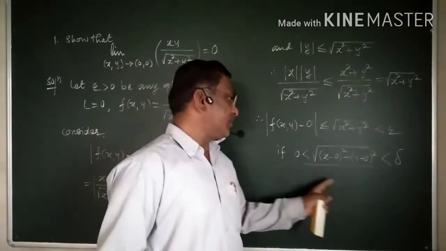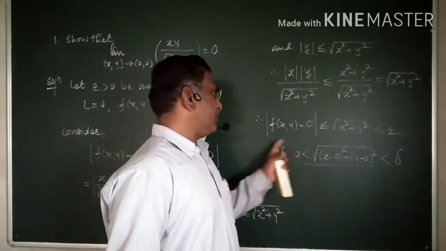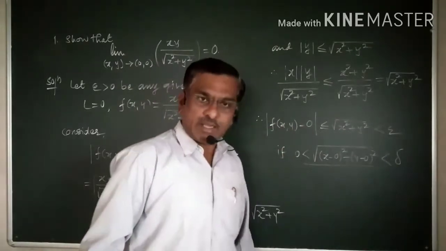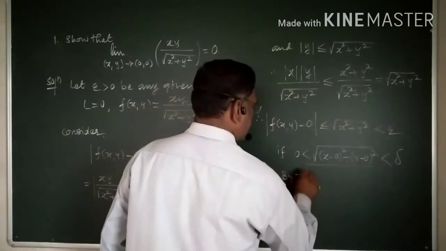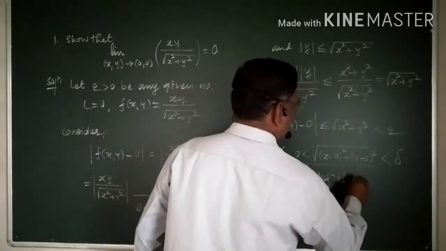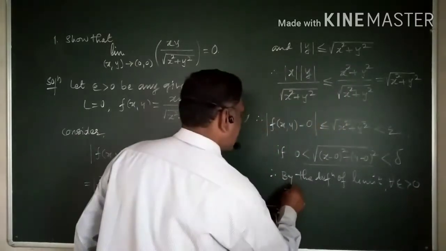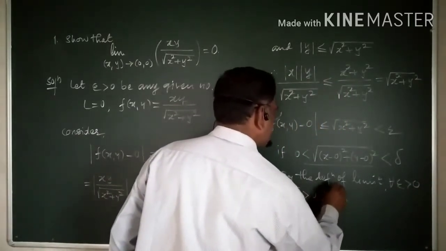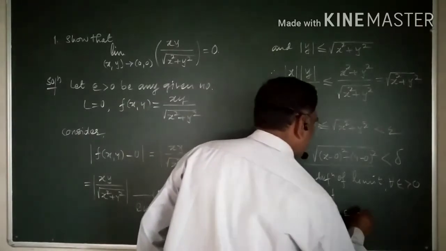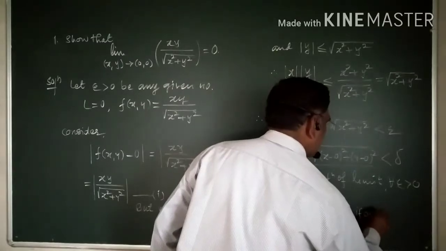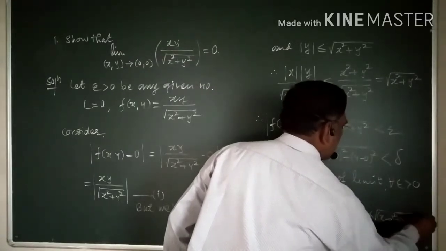If we have the deleted neighborhood of 0, 0, then we have the absolute value of xy minus 0 less than epsilon, and therefore by the definition of limit, what we have done here is, for every epsilon greater than 0, there exists delta greater than 0 such that the absolute value of f of xy minus 0 is less than epsilon whenever 0 is less than root x minus 0 square plus y minus 0 square less than delta.